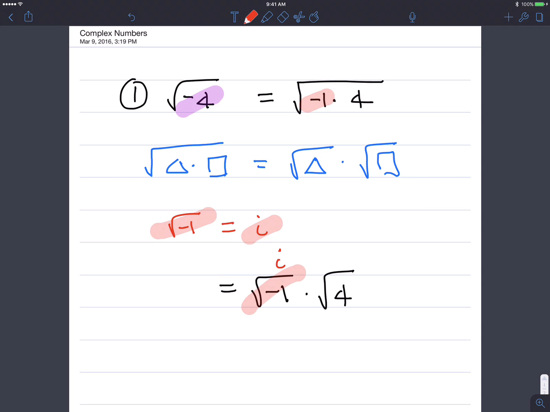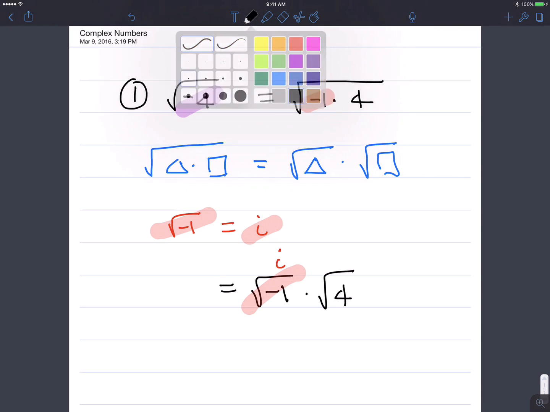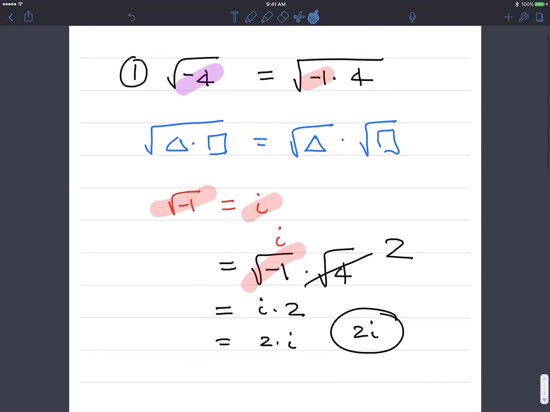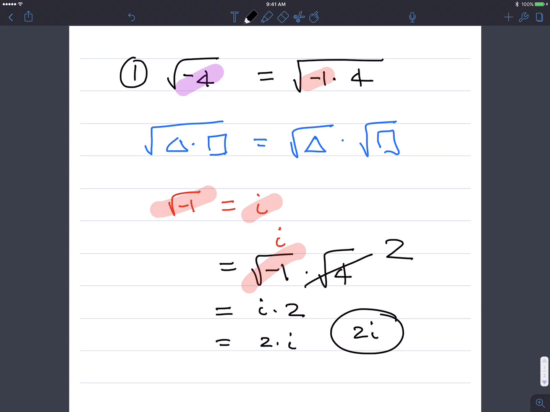We can evaluate the square root of 4, and we know that this value is 2. So we don't write this as i times 2, we actually write it with the number before the letter: 2 times i, or simply 2i. So this is the answer for the first problem. This is what we did in lecture, and let's work on these problems for homework.